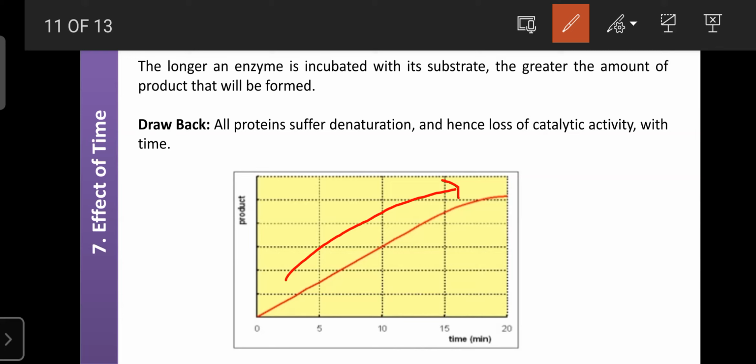After such a longer duration, these proteins will be denatured. That is the only drawback. Otherwise, as the time of reaction increases, the formation of product also increases. That's why the time of the biochemical reaction reflects on the formation of products as well as the enzyme activity.